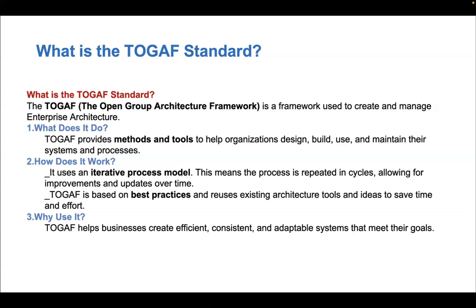So it makes sure, again, everything runs smoothly and fits together, just like a business needs its IT systems to work together. So without TOGAF, businesses would struggle to keep their systems working efficiently, just like a city with no roads or traffic rules would be a disaster, of course.